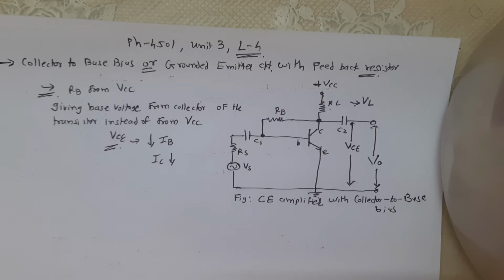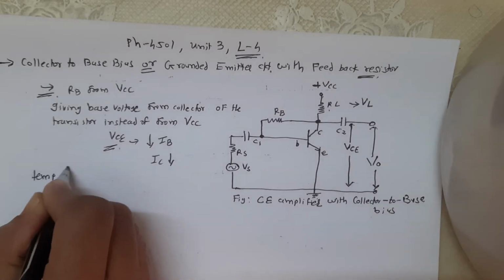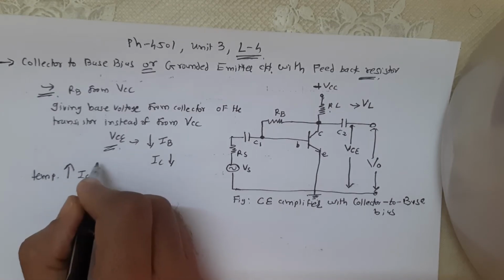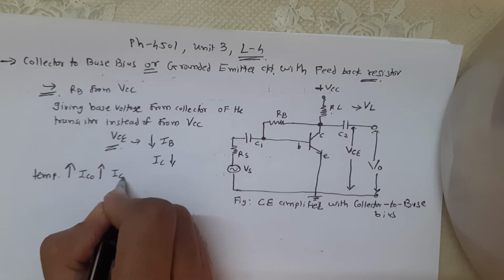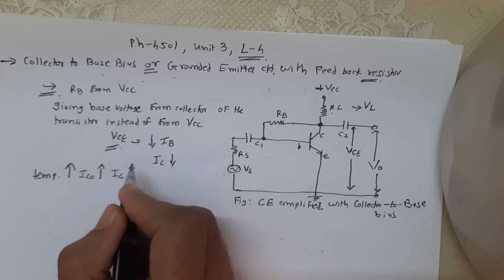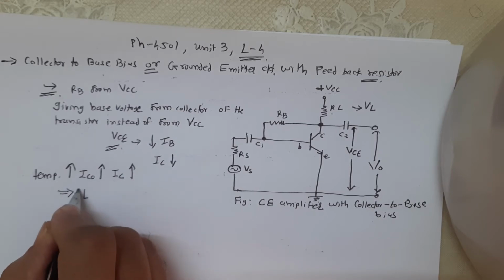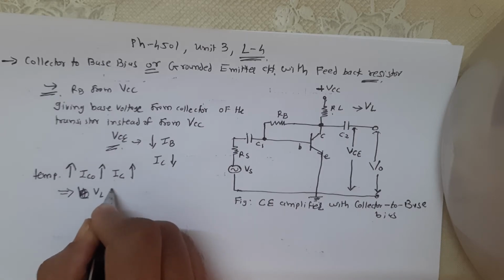So, from the figure, we can say that as temperature increases, the ICO leakage current also increases. That means collector current IC also increases. Therefore, the voltage across the load VL also increases.